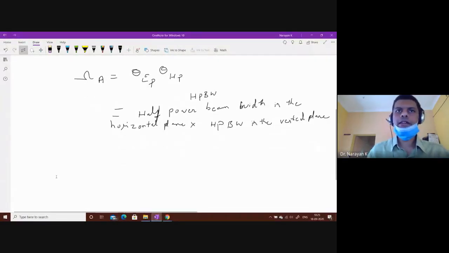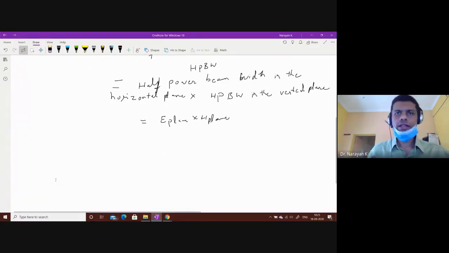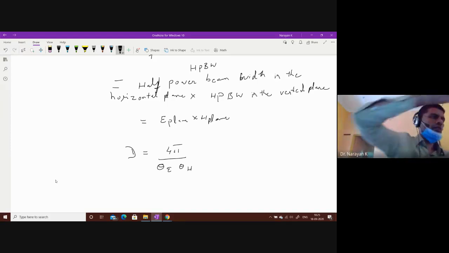So this can be written as E plane into H plane. This already we have done in a few problems long time back. So I can write directivity D is equal to 4 pi divided by theta E into theta H, E plane aperture into H plane aperture.